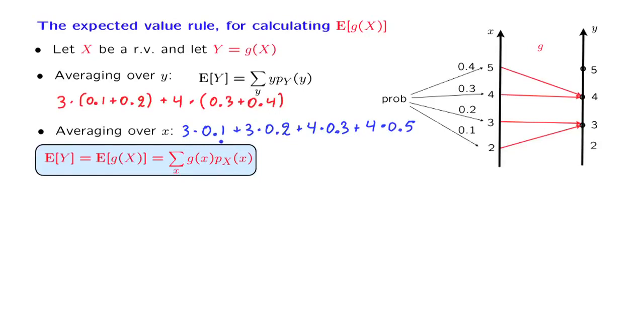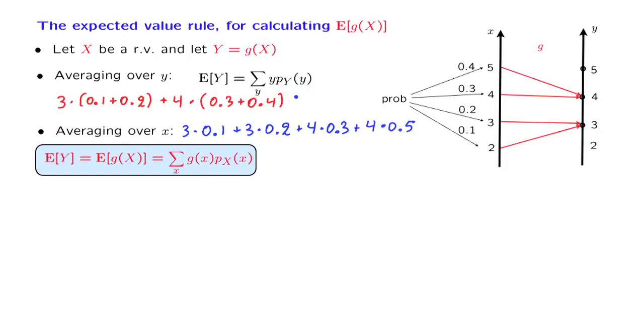The advantage of using the expected value rule instead of the definition of the expectation is that the expected value rule only involves the PMF of the original random variable, so we do not need to do any additional work to find the PMF of the new random variable.